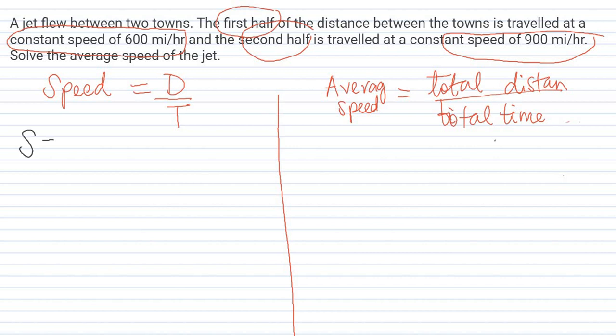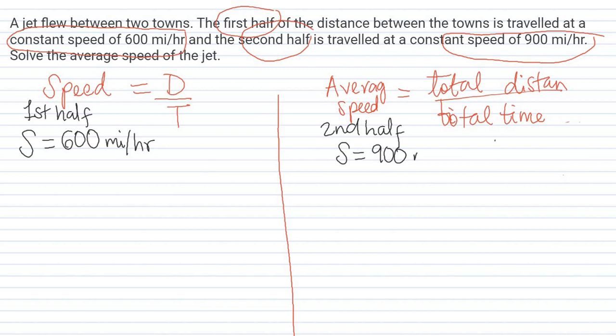The speed here is 600 miles per hour, and so this is the first half. For the second half here, you have the speed equals 900 miles per hour.